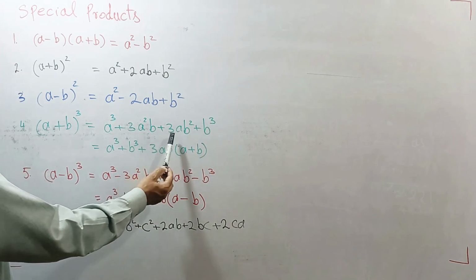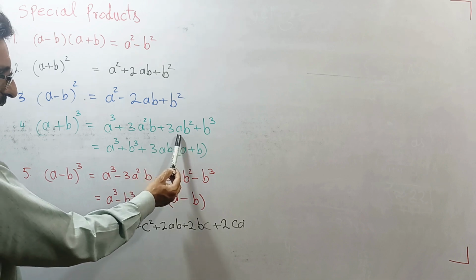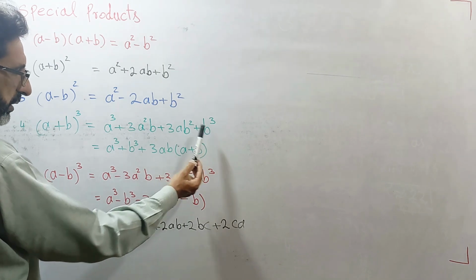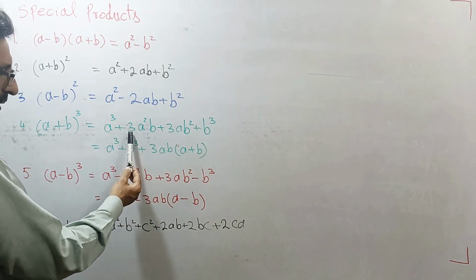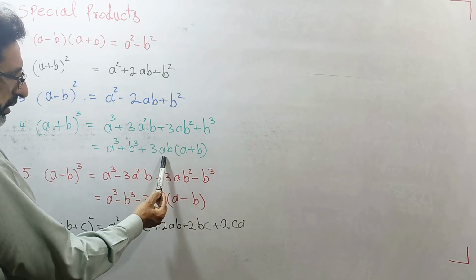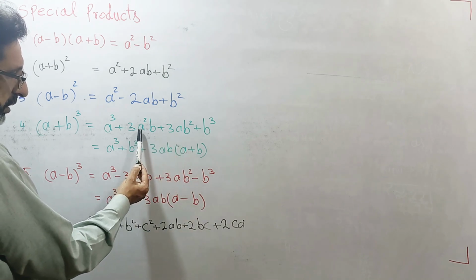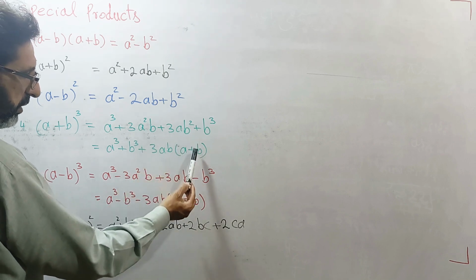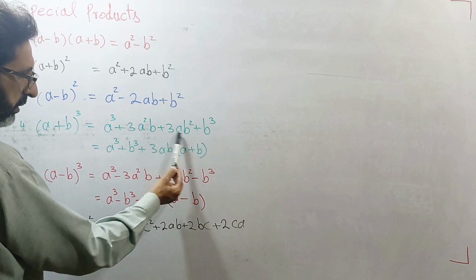And if we take 3ab common from these two terms, we write b³ here, and we take 3ab common from these two terms. So here a² will become a and b² will become b when we take ab common.